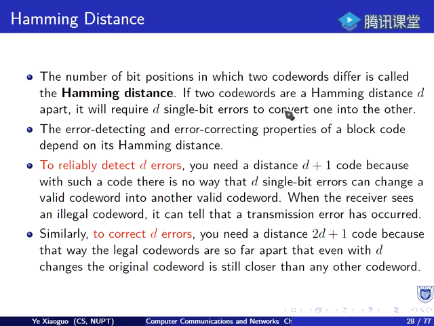The error detecting and error correcting properties of a block code depend on its Hamming distance. To reliably detect d errors, you need a distance d plus 1 code, because with such a code, there's no way that d single bit errors can change a valid code word into another valid code word. When the receiver sees an illegal code word, it can tell that a transmission error has occurred.